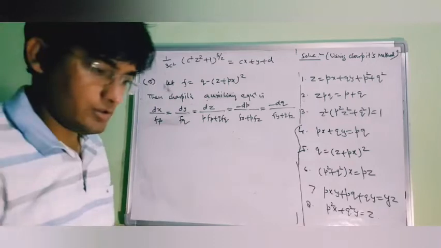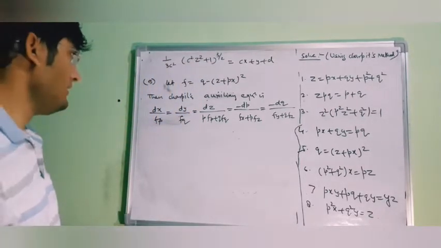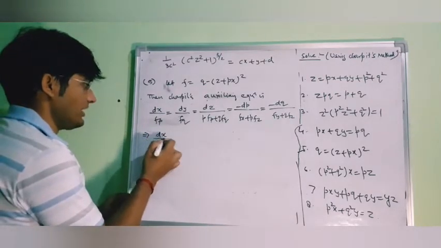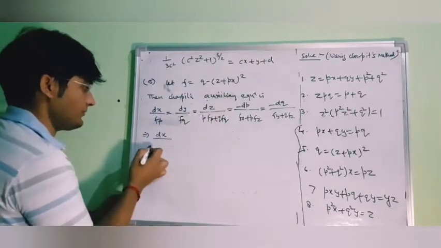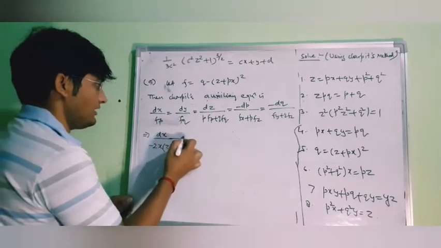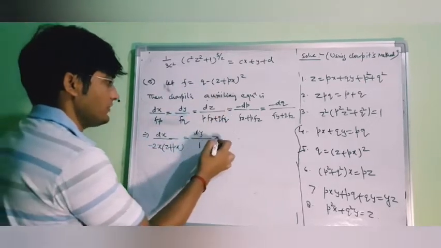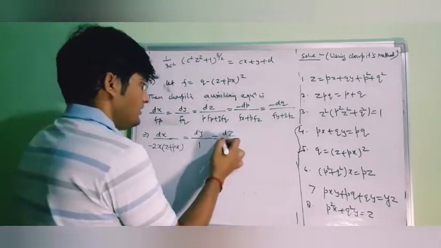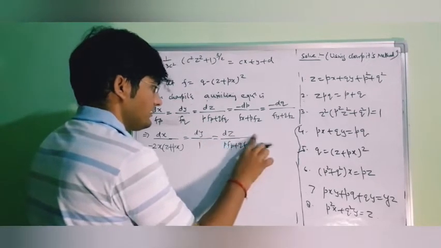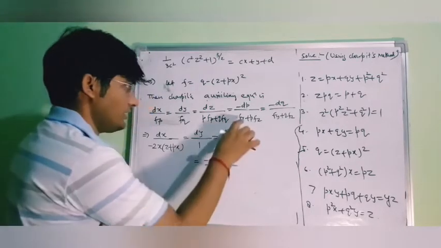So now from here, if we put the value of fp, we will get dx upon fp. Now your fp will be minus 2x into z plus px and equal to dy upon fq. Now your fq will be 1, dz upon, there is no need to write this term because we will not get anything from this term, and this is equal to minus dp upon fx.